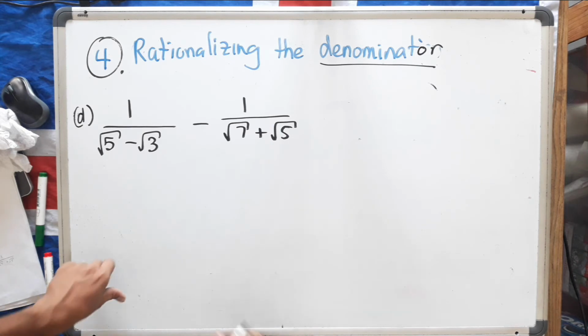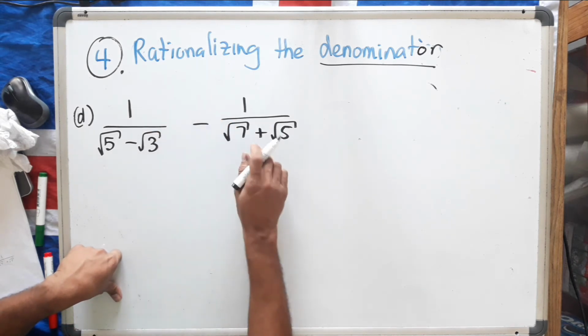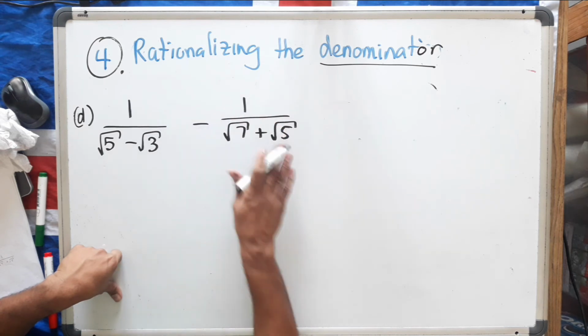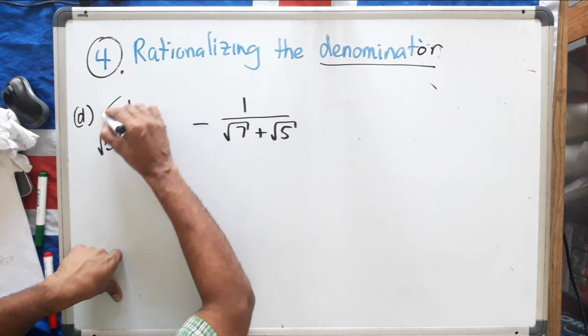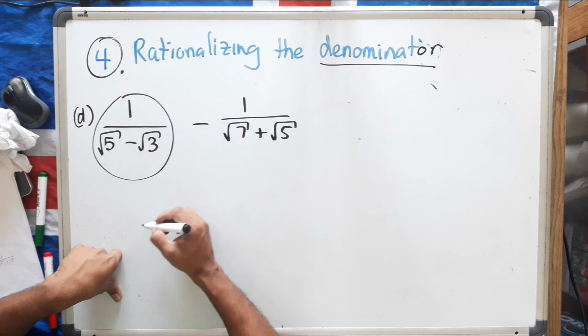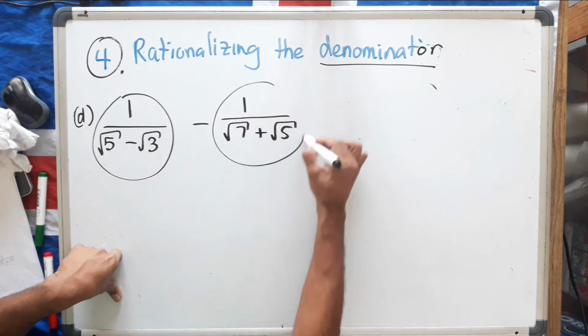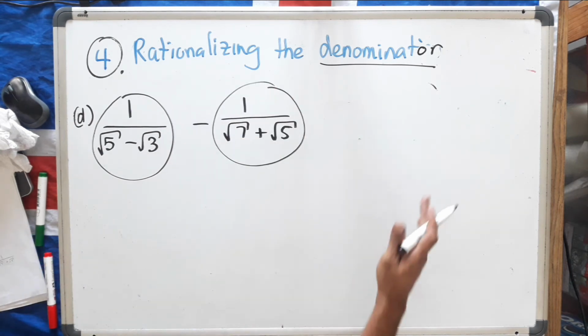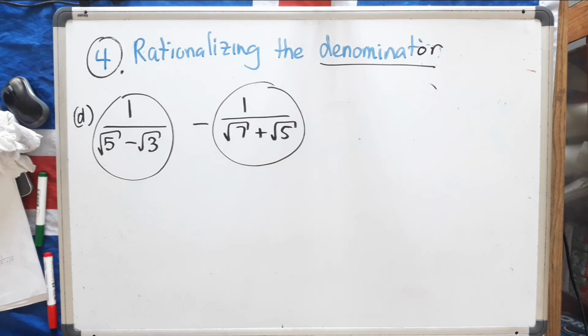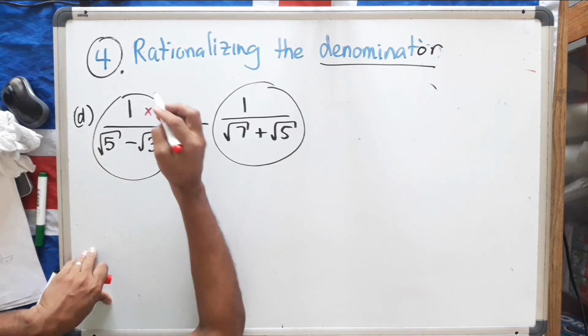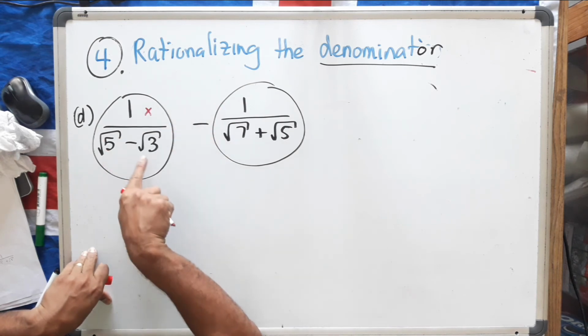Okay. First of all, they ask you to rationalize the whole situation. You need to rationalize this one separately, rationalize this one separately, and then minus the both of them. All right? So that means on top, we are going to multiply it by, there are two items here.